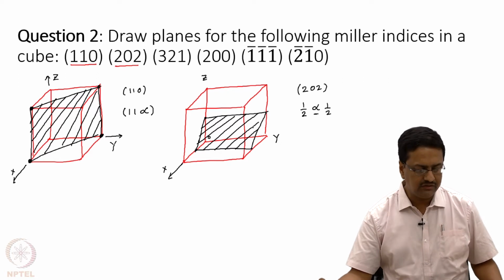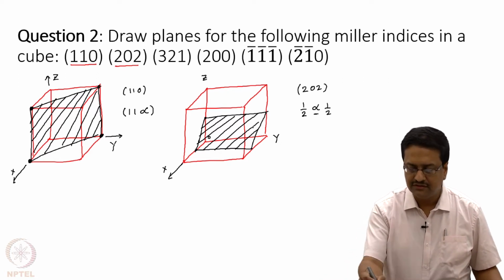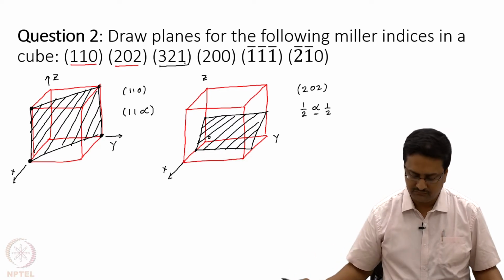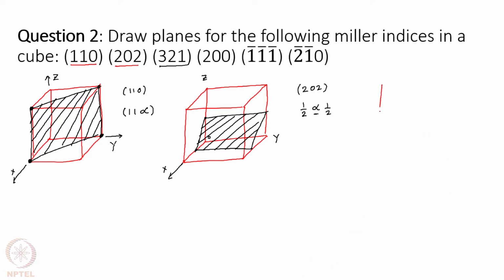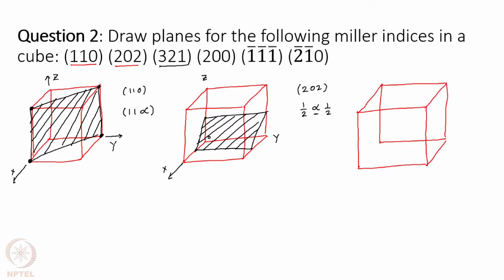The next plane that I want to draw is the 321. The 321 plane inside the lattice is going to be little difficult to imagine. When we say 321, the intercepts are 1/3, half, 1.